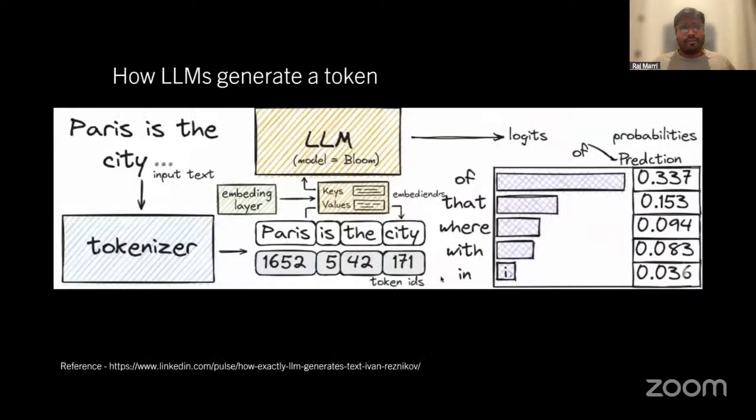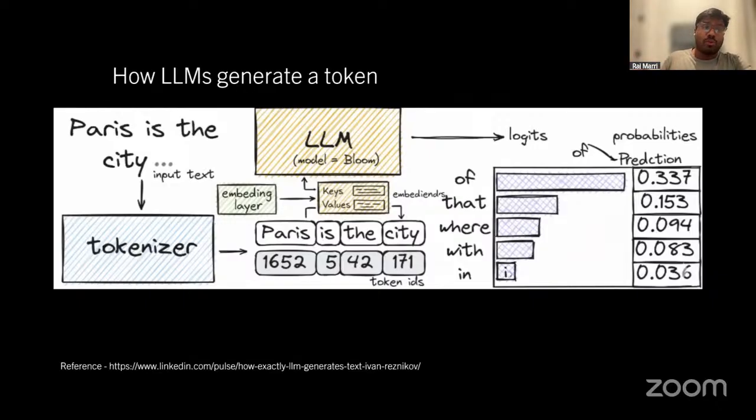So if you see here, there are a few things happening under the hood. Imagine that we have the statement, Paris is the city. When this information is sent to these LLMs, the first thing we do is this: LLMs don't understand words as they are. They understand math, right?